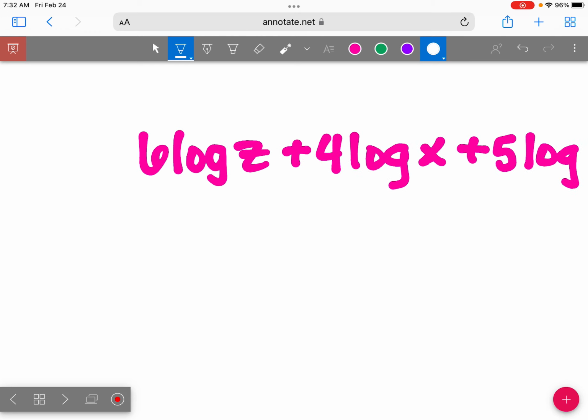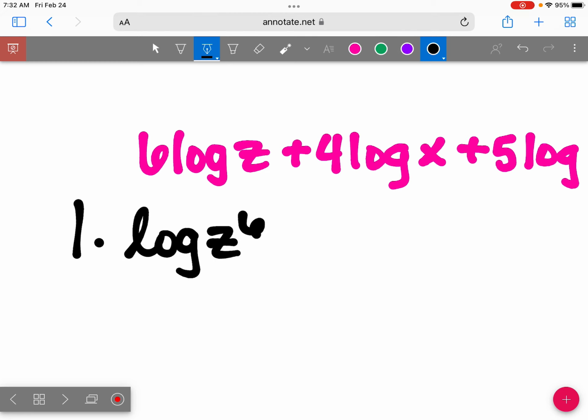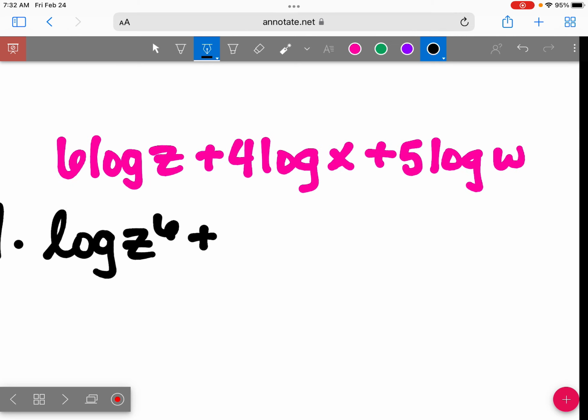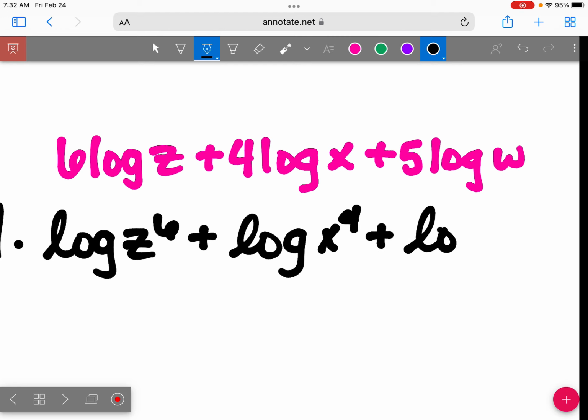All right. Step 1. What do we do? Multipliers become powers, so what do we get? Log of z to the 6th. Log of x to the 4th. Yep, log of w to the 5th.